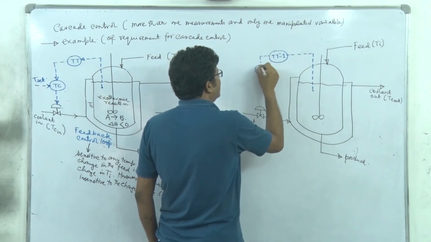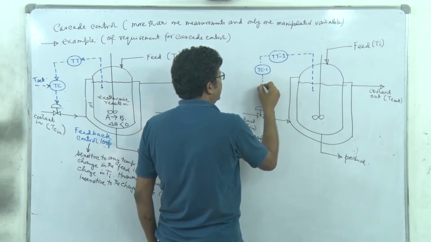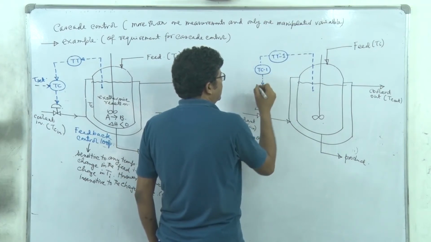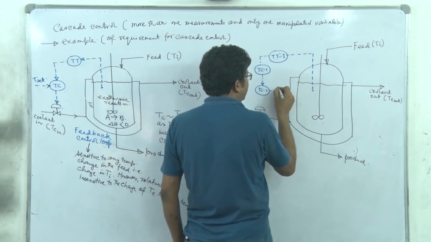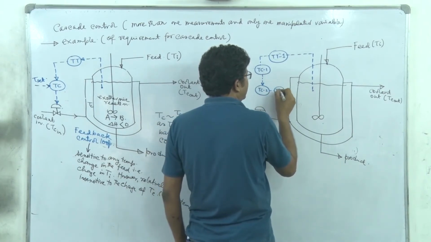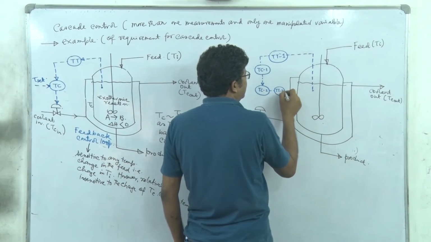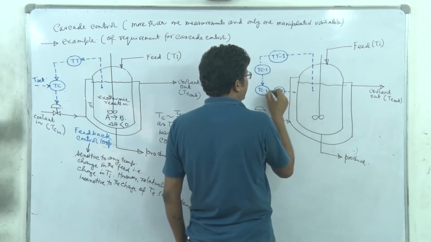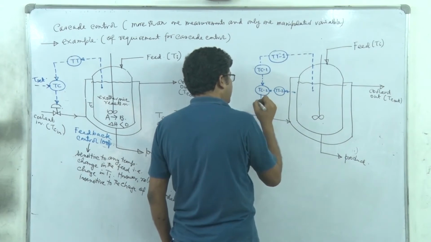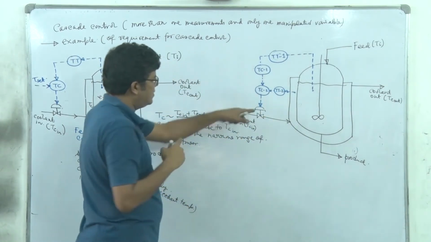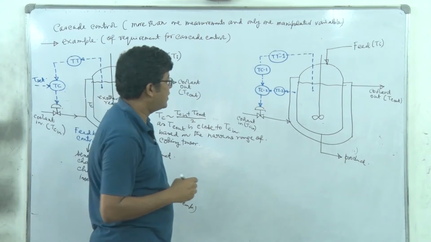Next it's going to the controller TC1, generating the set point for the secondary controller, right? And the secondary controller, that is TC2, also receives the input of coolant temperature through TT2. So we are measuring the coolant temperature here. And finally it's going to control the valve or the coolant flow rate.